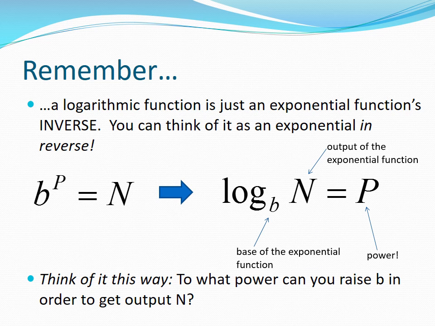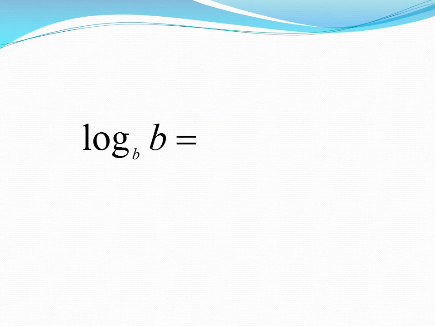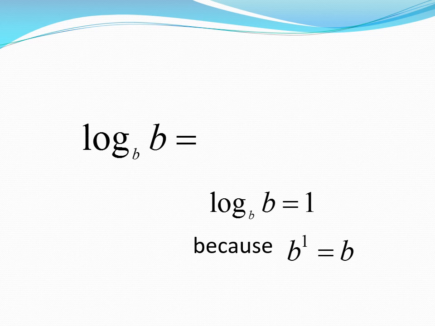So the output of the exponential function is now the input of the log. So you can think of it this way. To what power do you raise b in order to get n out? So with that in mind, if we have log base b of b, in other words, those two values are the same, like if you have log base 10 of 10, or the natural log of e, okay? Log base b of b is just equal to 1. Again, it's easier if you think of it as an exponential backwards, because b to the first equals b.